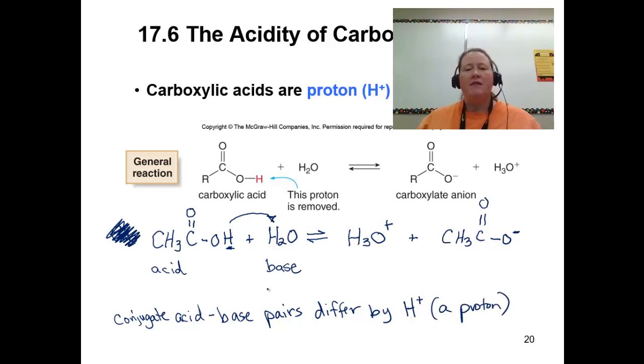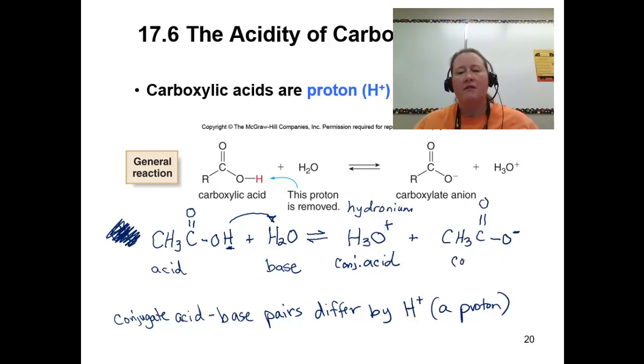The acid is always going to be where the hydrogen first starts, and then the acid is going to be where that hydrogen ends up. So here is where the hydrogen ends up, with this hydronium ion. Remember that H3O with a plus is the hydronium ion. That makes this the conjugate acid, and that makes this the conjugate base.